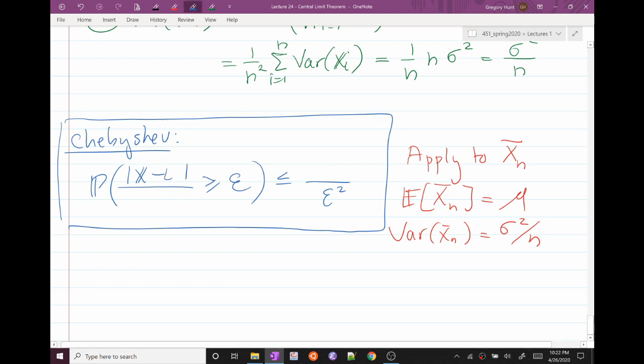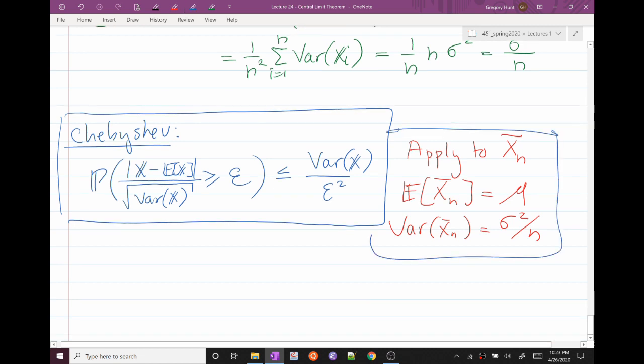This says that any random variable minus its expectation, divided through by the square root of its variance, the probability that's bigger than or equal to epsilon is less than or equal to variance over epsilon squared.